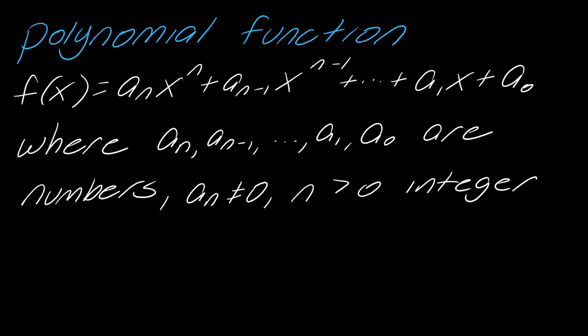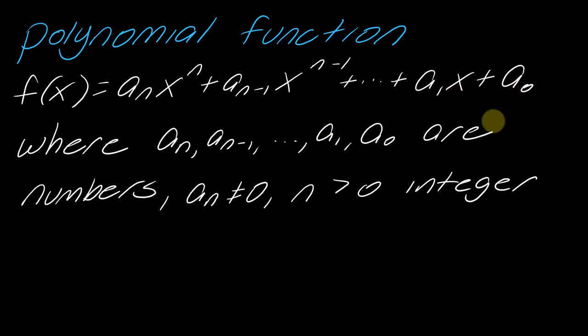polynomial function is. So the mathematical definition of a polynomial function looks really wild. It's f of x equals a sub n x to the n, plus a sub n minus 1 x to the n minus 1, all the way down to a sub 1 x plus a sub 0.